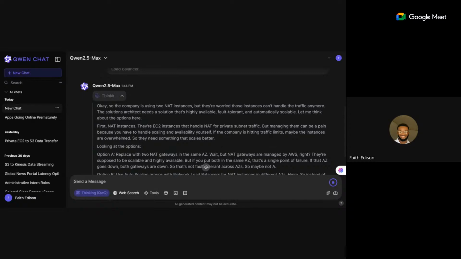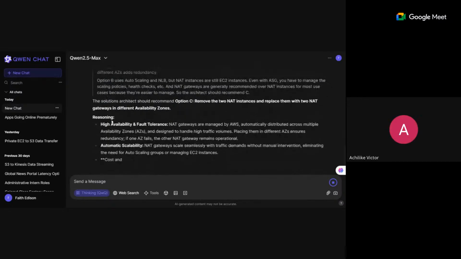Okay, it says first, NAT instances. They are EC2 instances that handle NAT. Oh, yeah, so they are still instances for private subnet traffic. So this is Qwen thinking, and we're seeing its thought process. Now thinking is completed and it's giving its answer.